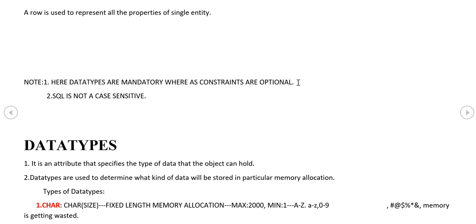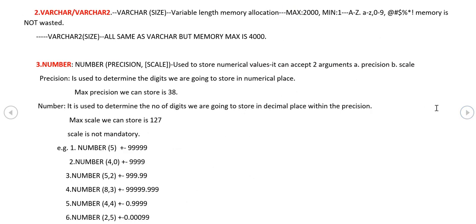It will provide the amount of storage needed to store. If we don't store the data, definitely we can't do changes, we can't retrieve, we can't do anything. It is useless. So that is the reason why data types are mandatory but constraints are optional.